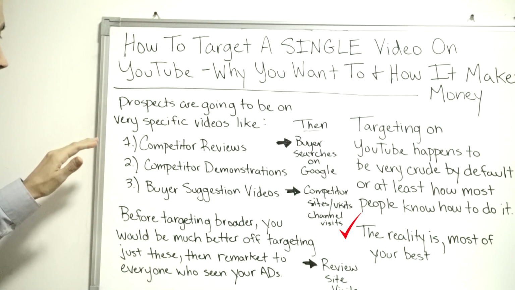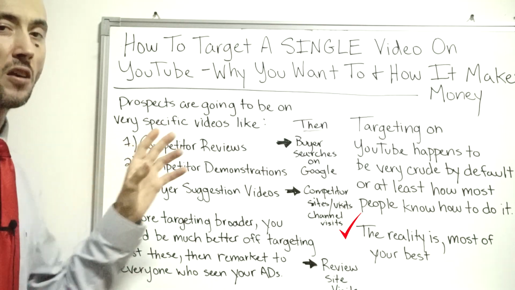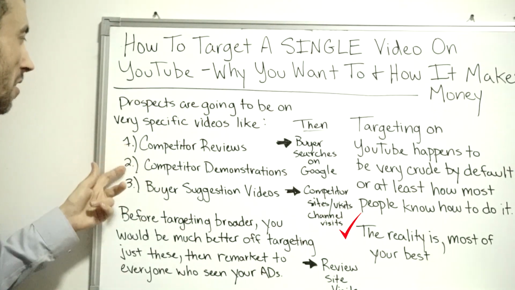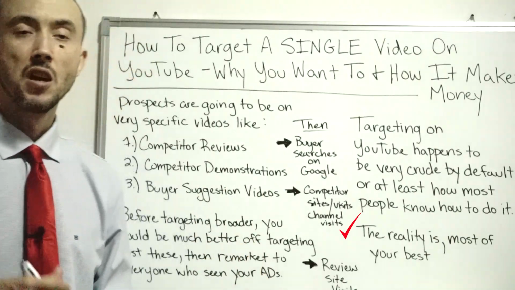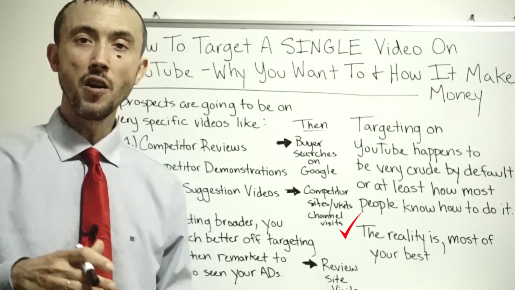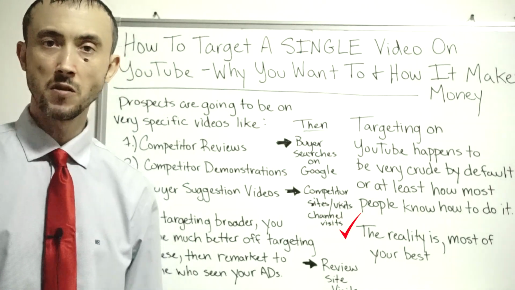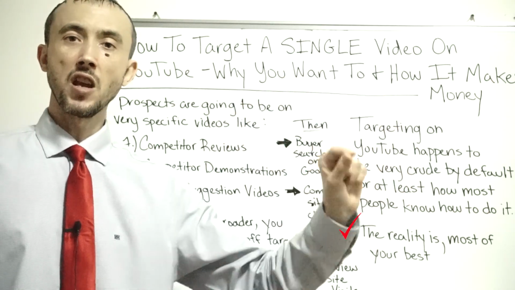So of that, there's a list of 3 types of individual videos. You'll tell your data entry person, find me every video with the criteria here, here, and here, and then you're going to come back and then you're going to target just those videos. Targeting an individual video on YouTube itself, that's the easy part. You just go under the targeting settings of your YouTube campaign, under placements, or where it asks you what channels you want to target.